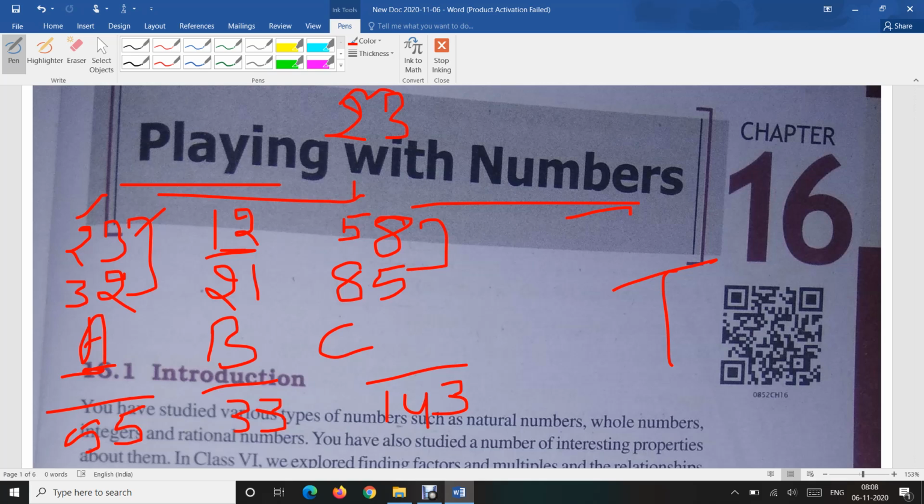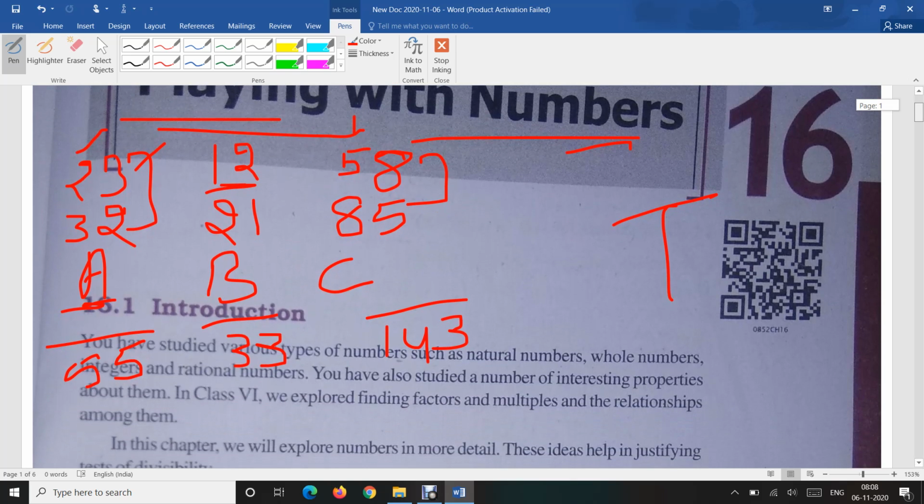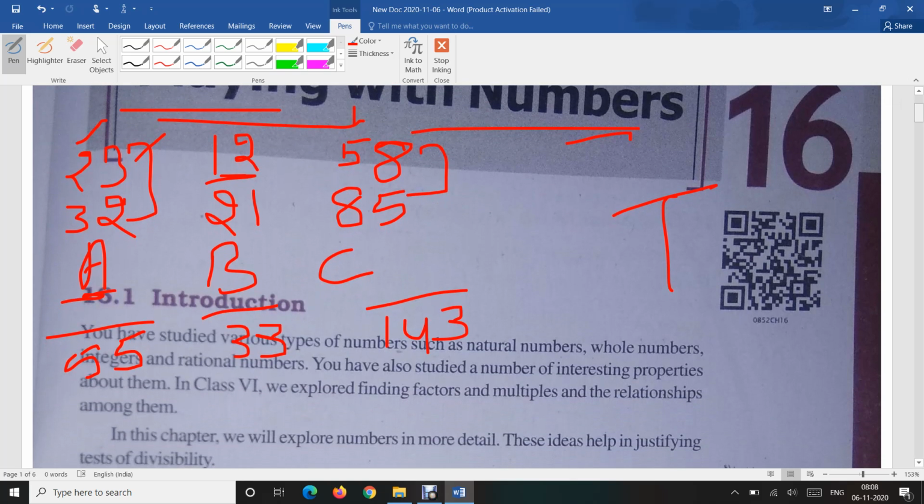Now there is one thing which is common here. Suppose the teacher asks the students to divide the number by 11, and after dividing, the teacher says that the remainder is 0. So let us divide these numbers by 11.